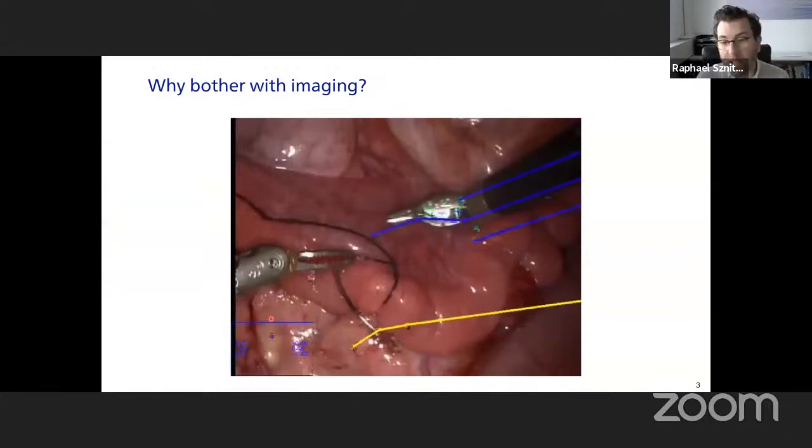That's this yellow line. And yet you see the instrument is actually somewhere else. That highlights that just using the information from the robotic system to know where the instruments are is often a really bad idea, because it isn't precise to the extent you need to do anything meaningful within the surgery.